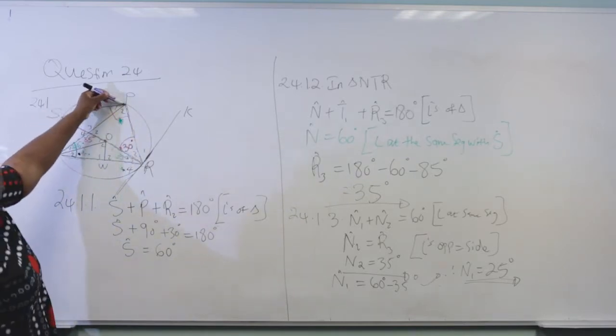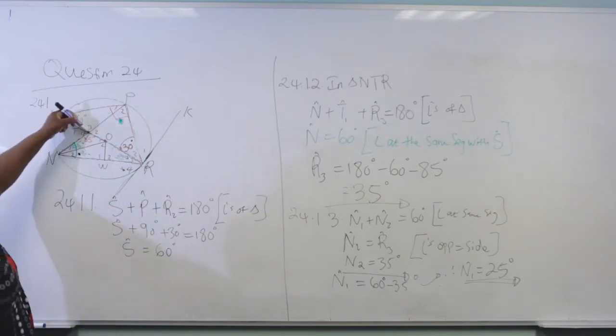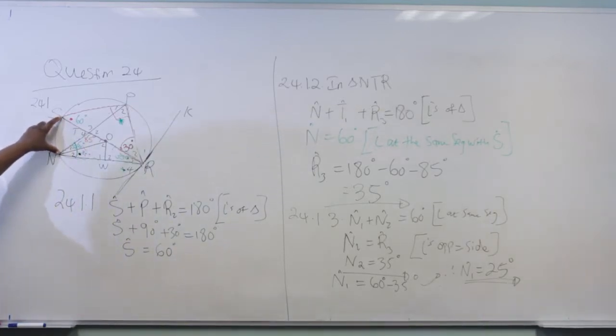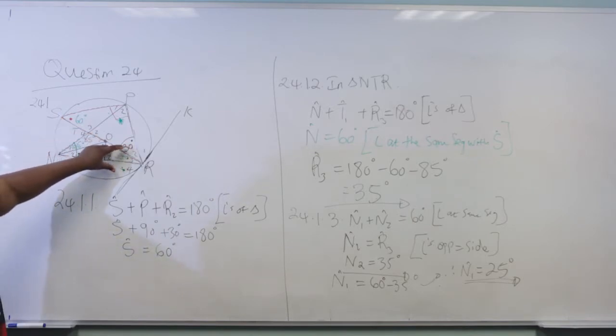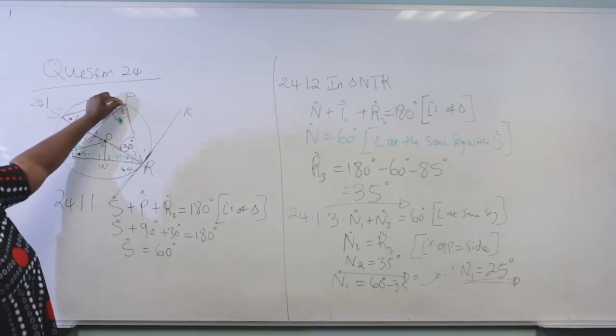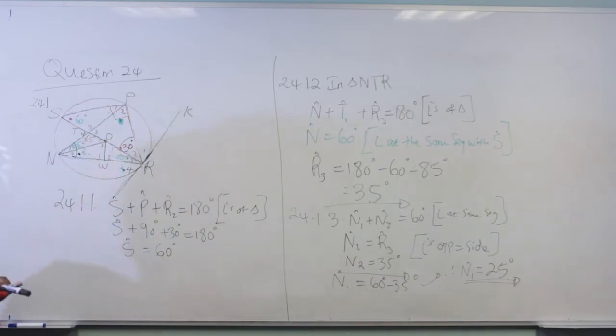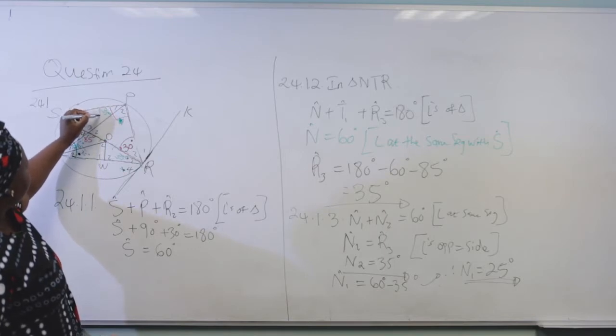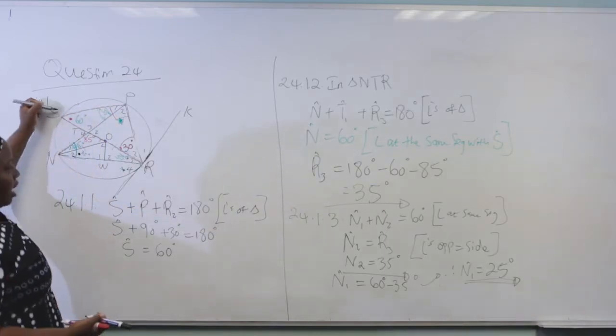If we look at it, we can use that triangle. Alternatively, we can use SN arc to say if I move my hands, it's going to close at R, and if I move my hands there, it's going to close at P1, meaning that P1 is also going to be 35 degrees. These are subtended by the same arc.